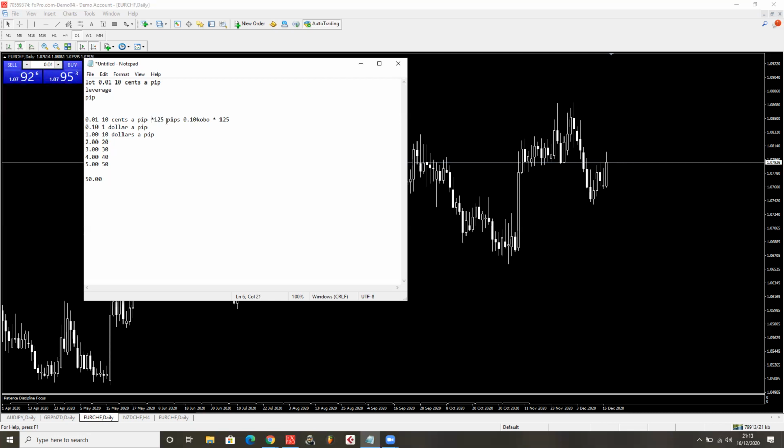Let me go back to the basics. How much are you making on 0.01 per pip? Don't worry, don't complicate it. 0.01 means 10 cents a pip.